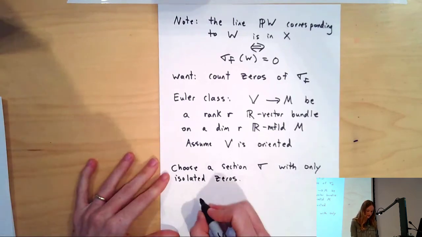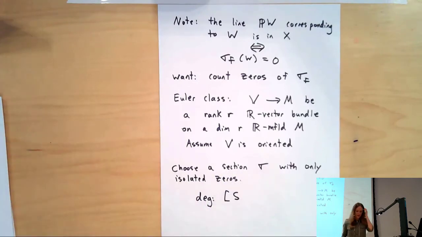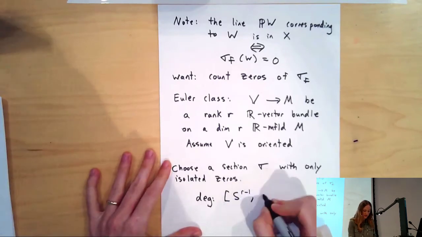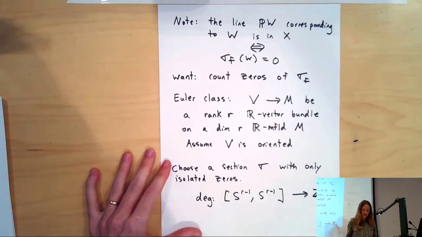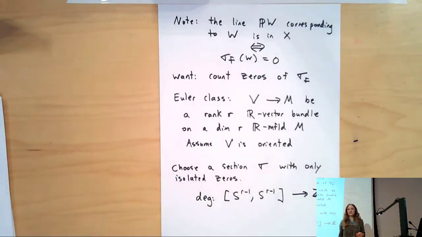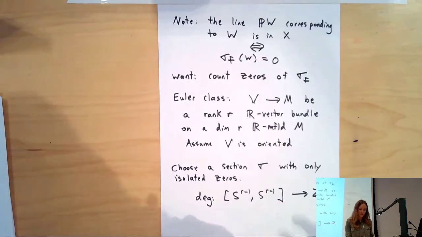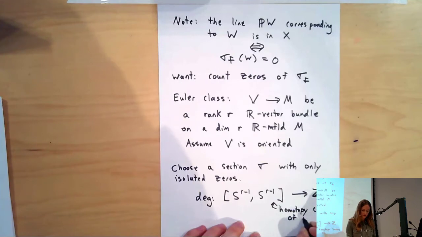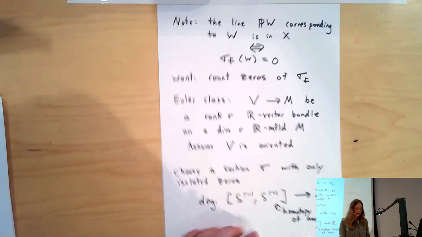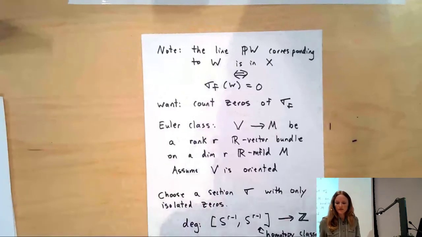So there is a degree from pointed homotopy classes of maps from the sphere of dimension r-1 to itself to Z that counts the number of preimages of a map. And we are using it to assign a particular weight to a zero. So right now we're just writing down that the function exists.